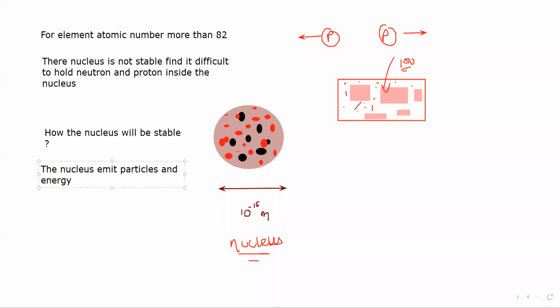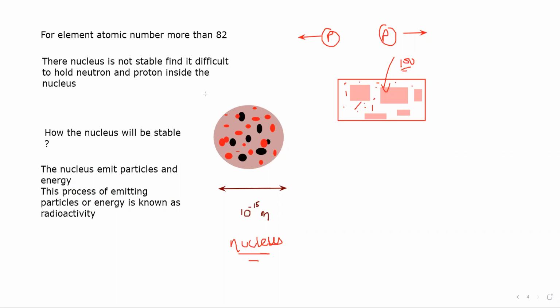The nucleus emits particles and energy, and this process of emitting particles or energy is known as radioactivity. So basically, the nucleus starts to gain stability by emitting out particles and radiation.